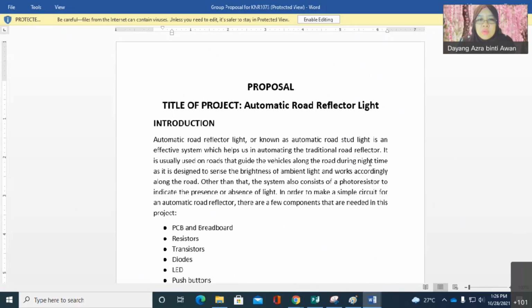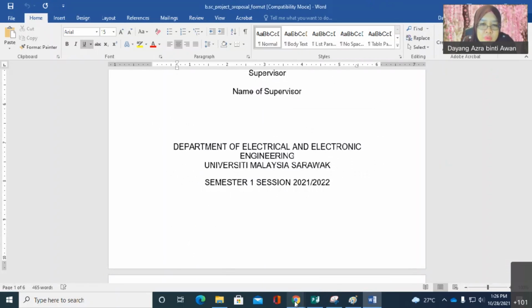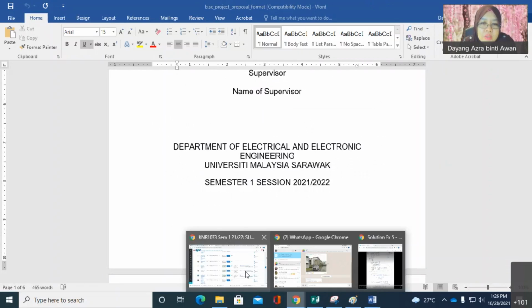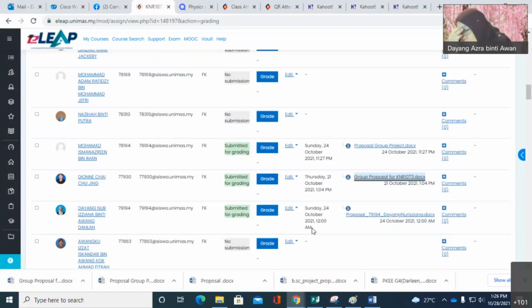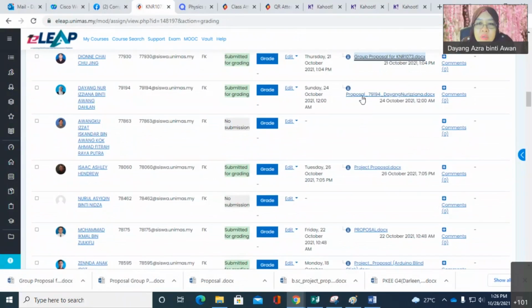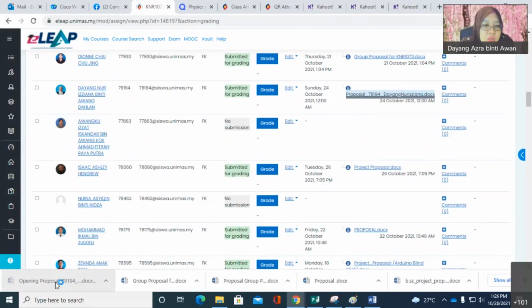It has no format like ours, it was made just based on their knowledge. Okay, later insyaAllah I will put it on your ellipse. Try to check the ellipse from time to time. Okay, so this group is okay. Even though your topic is quite the same, maybe the way you do it at the end should be different, to distinguish you from your other friend.